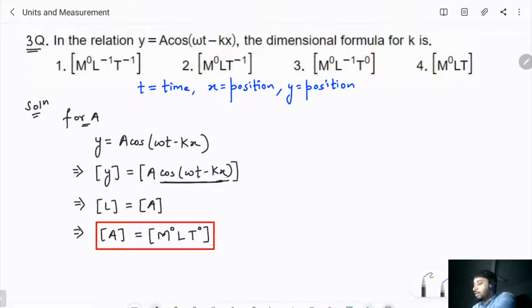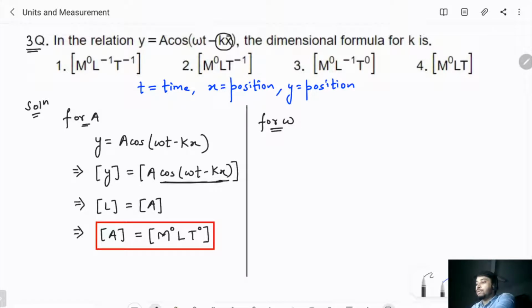Okay. Similarly, let us find for omega. In this expression, omega t overall is representing some angle, and kx is also representing some angle.